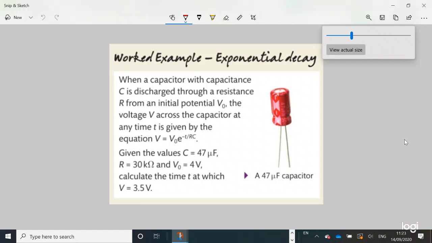What I would suggest you do is, before you find t, rearrange the formula so that t is the subject of the formula. Can you do that?